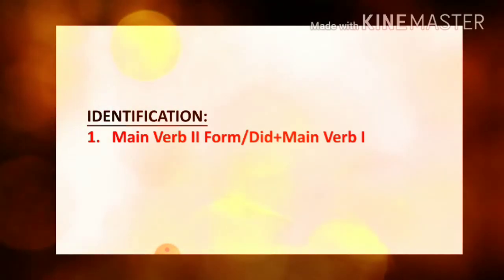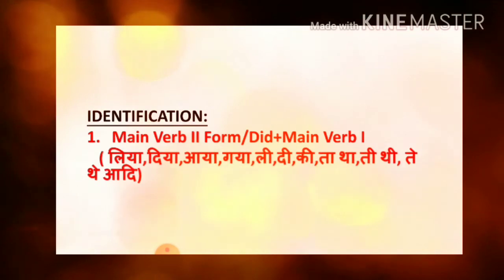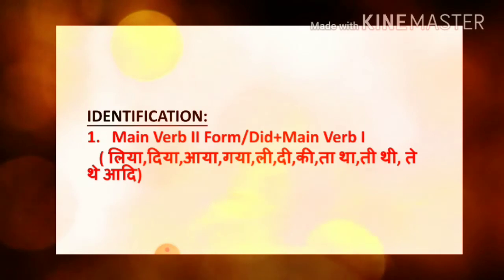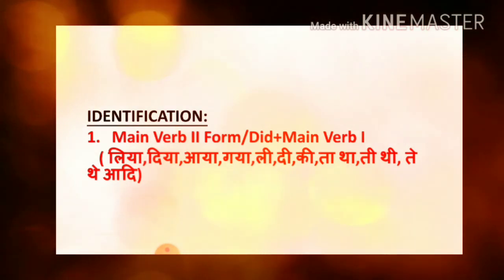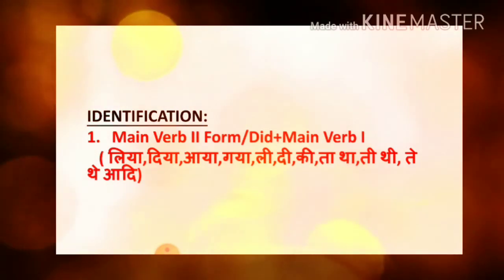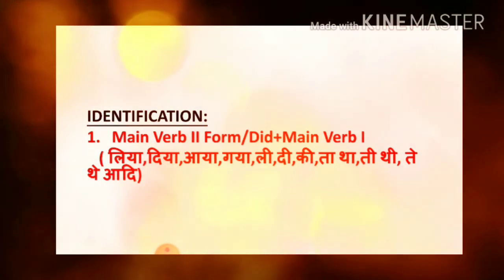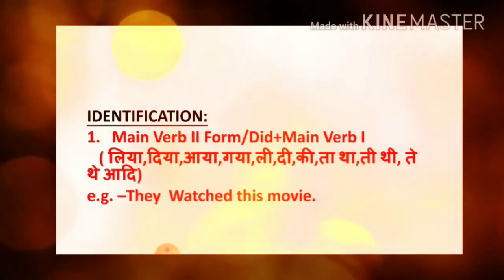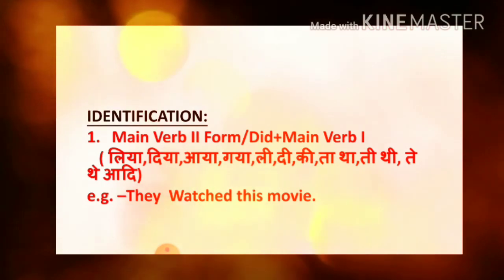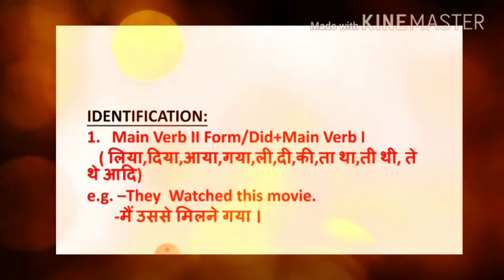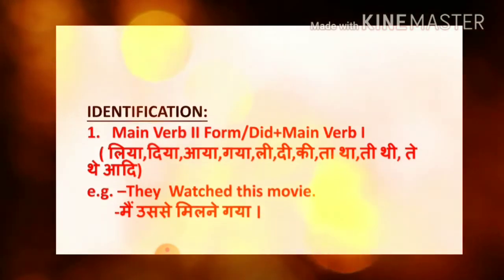And if we talk about Hindi sentences, they terminate with liya, diya, aya, gaya, li, di, ki, ti, ta tha, ti thi, te the, etc. As you can see in the example here, they watched this movie, and the next one is मैं उससे मिलने गया. Okay, so gaya is the past tense indicator, so that's why it is a past indefinite tense.